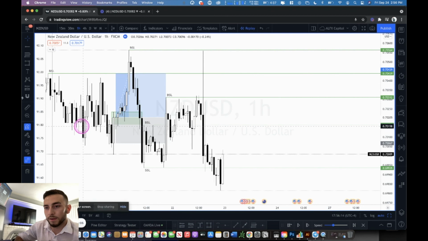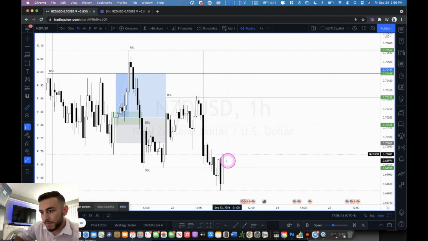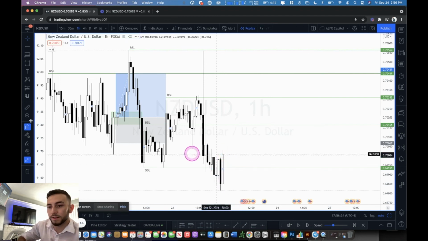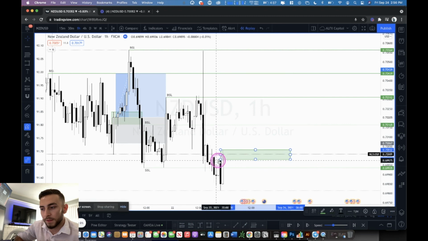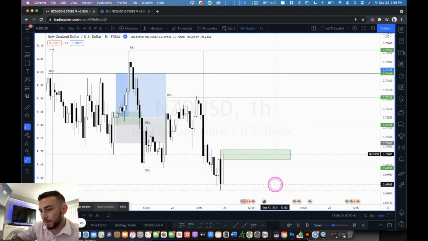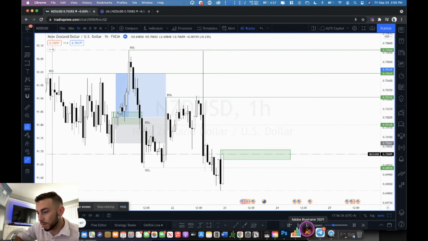There's our engulfing candle. You could see it didn't push a crazy amount of distance above the last down close candle. So this is a really good valid candle for us. We're going to draw our range, the top of the down close candle body to the high of the engulfing candle. So anything in here, we're looking for buys.